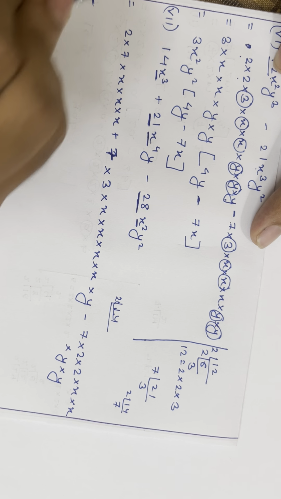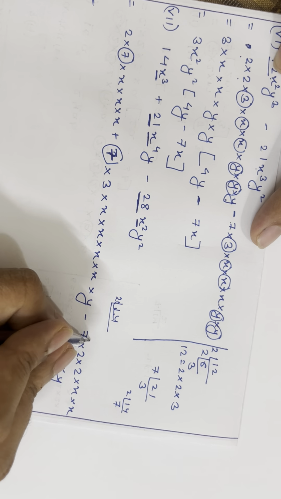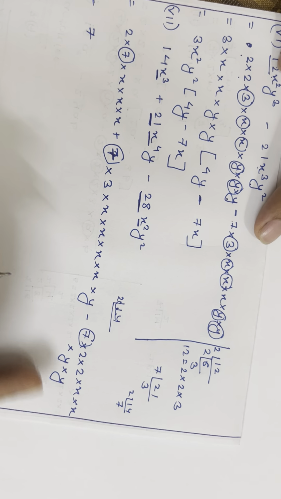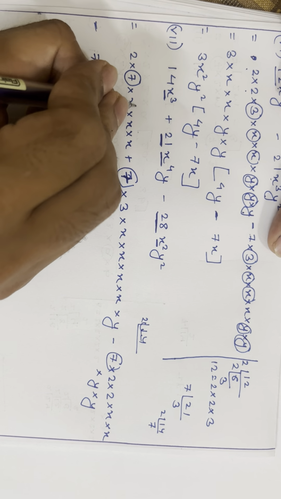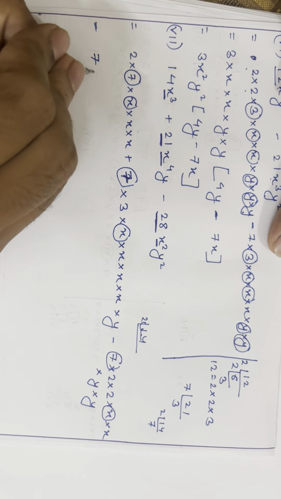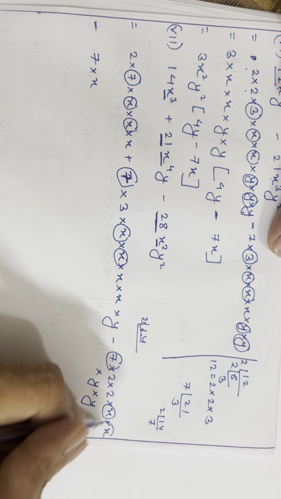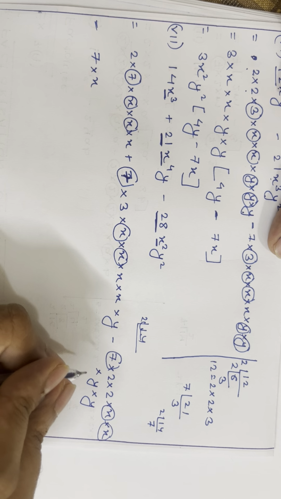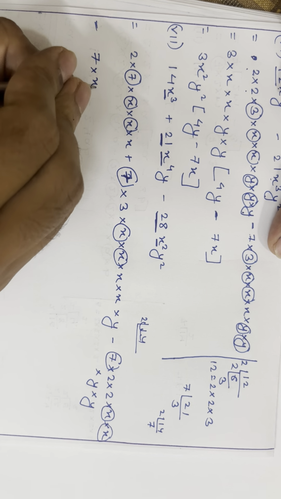Now let's take common. 7 is here also. 7 is here also. 7 is here also. 7 will come common. Again, what else can we take common? X is here also. X is here also. X is here also. So 1x will come. Another x. X. X. And I don't think anything else will come common.